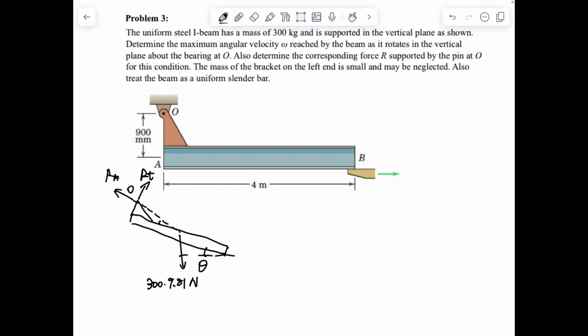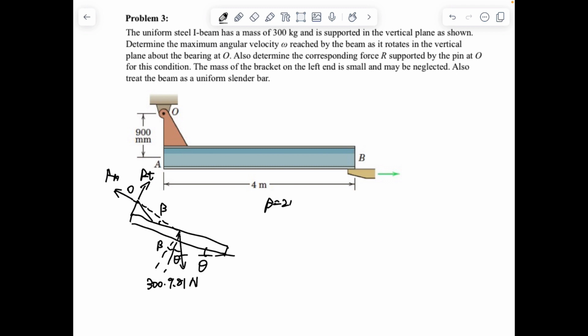Then this angle is beta, and if we draw our tangential directions through the gravity center, we will know this is beta and this angle is theta.